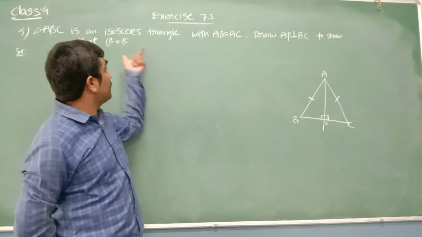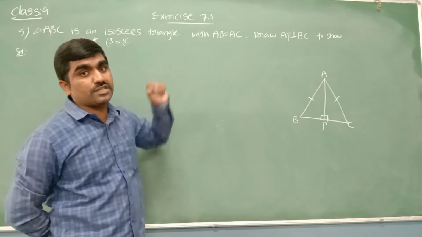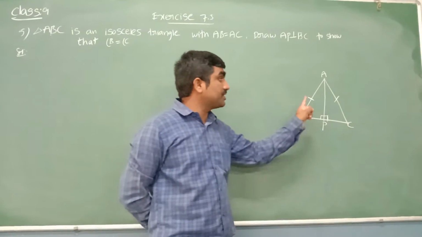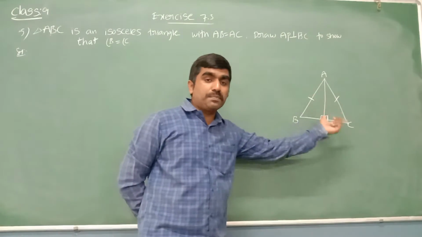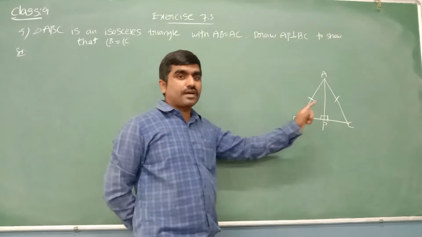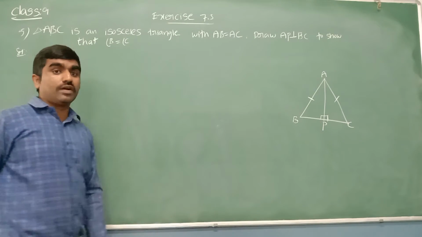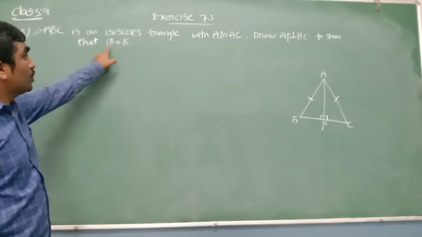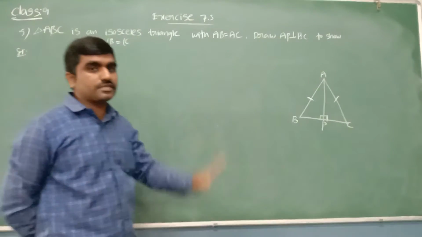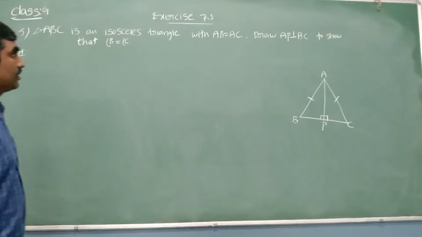Not only angles, in the case of sides also, if they are asking to prove two sides are equal, take two triangles based on the two sides and prove they are congruent. Once they are congruent, by CPCT we can say corresponding sides are equal. Hope it is clear. When you want to prove two angles are equal or two sides are equal, take two triangles and prove they are congruent.